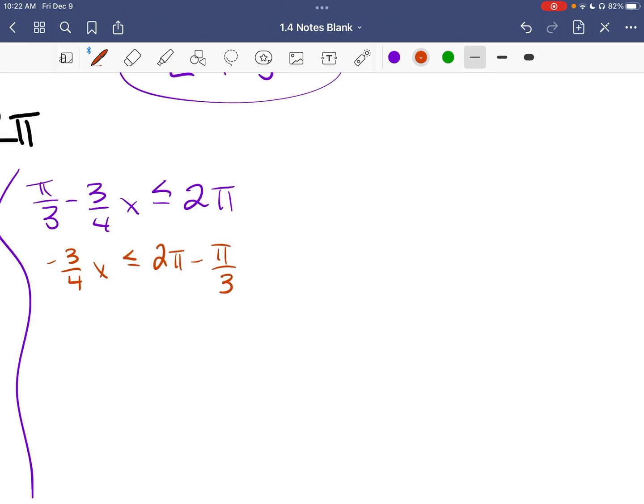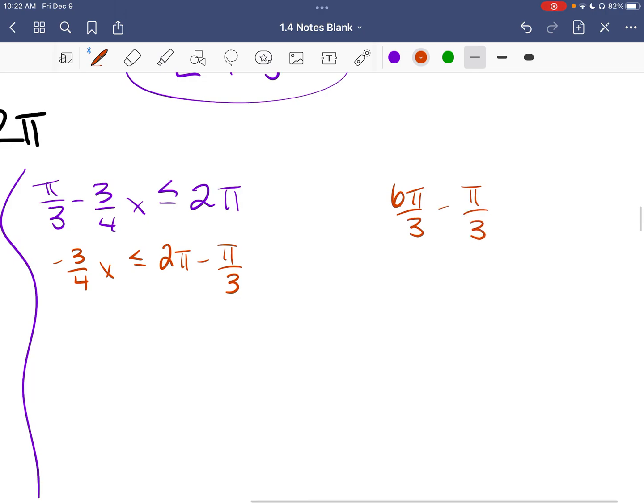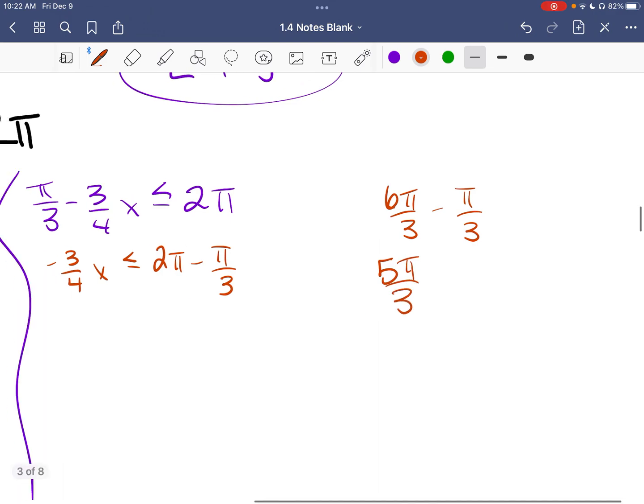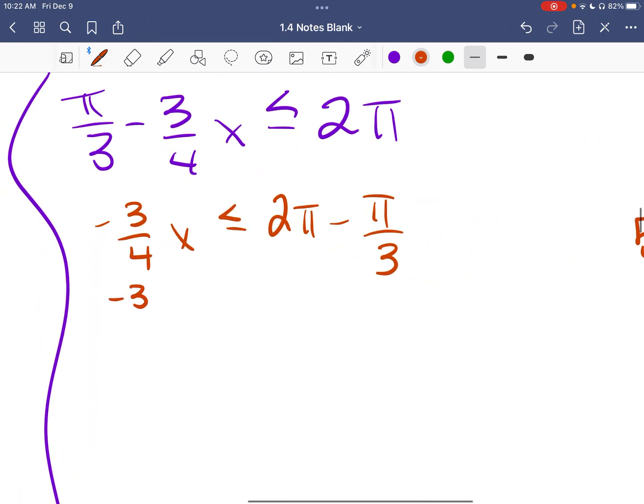We would have 6 pi over 3 minus pi over 3. So that would give us 5 pi over 3. So -3/4 x is less than or equal to 5 pi over 3.